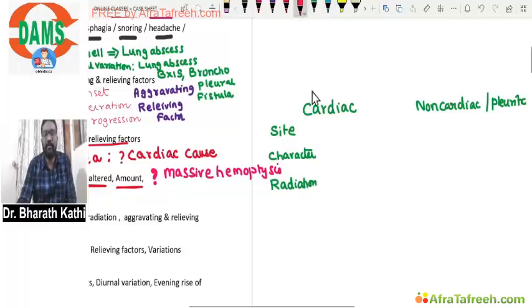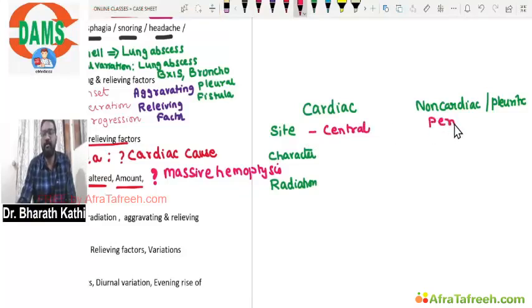Usually cardiac chest pain is central, whereas pleuritic is peripheral. The rule of thumb is that in cardiac chest pain, the patient generally holds his fist.